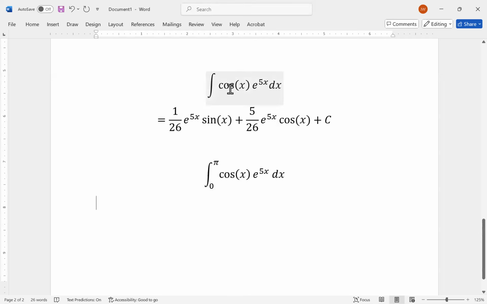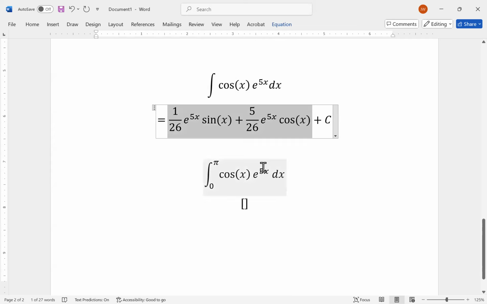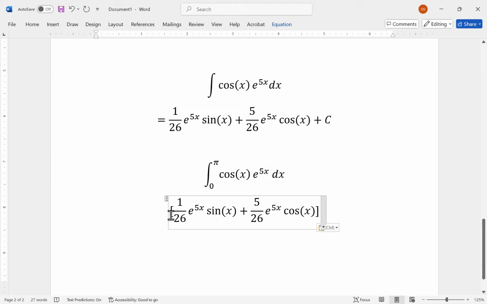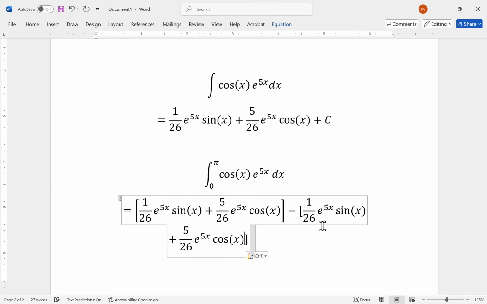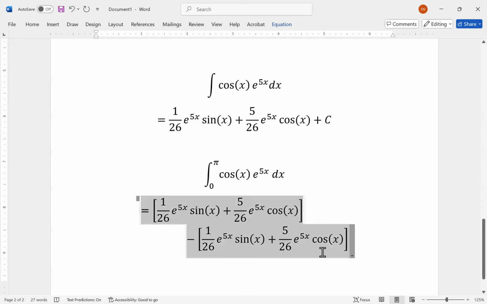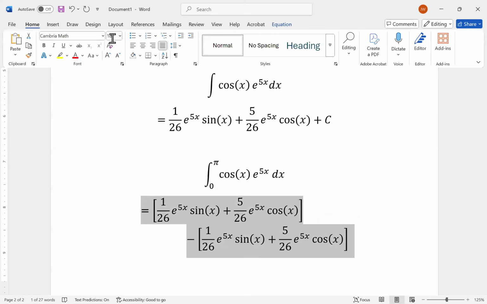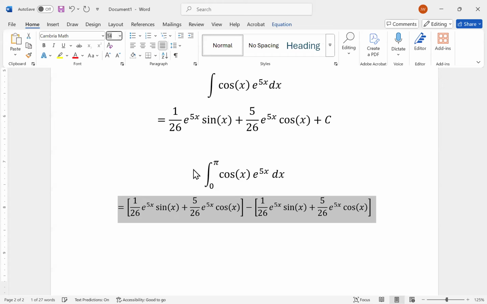So like I said, we just figured out how to integrate that. So if I'm going to integrate a definite integral from 0 to pi, I can just take this, I'll use a constant of 0, and then plug in. Let me use a different font size just so that this looks a little bit nicer. There we go.